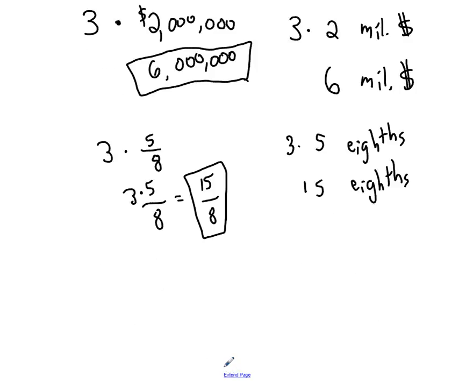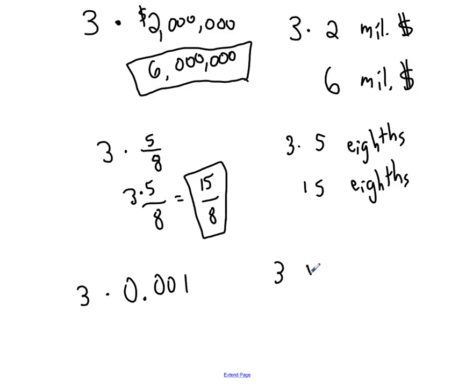Right, let's keep going. Let's say 3 times, well, what is that? That's tenths, hundredths, thousandths.